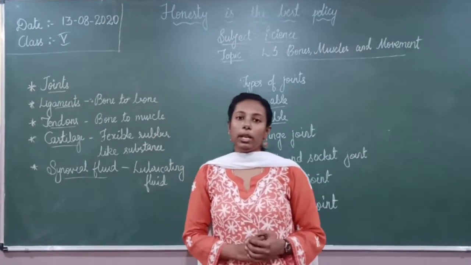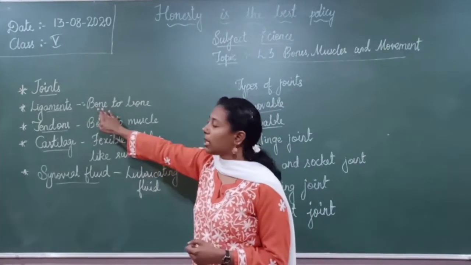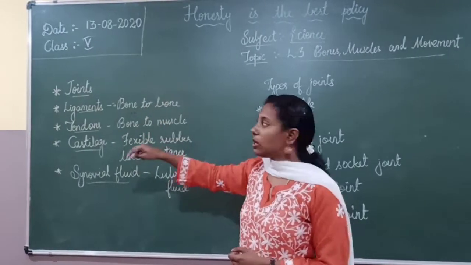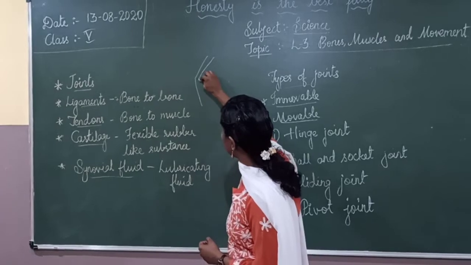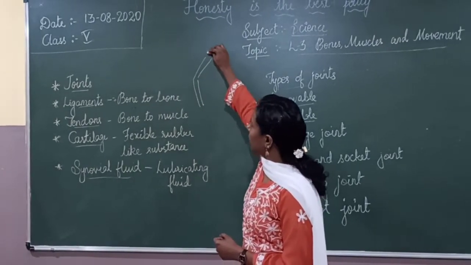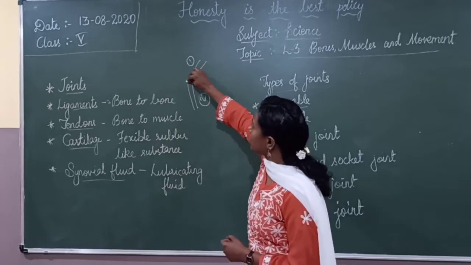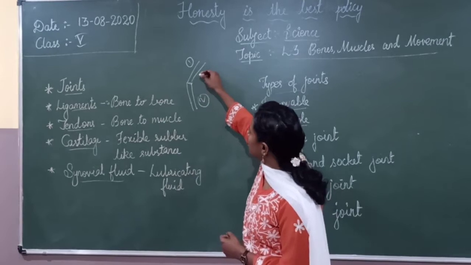Ligaments. Ligaments are the fibers which attach a bone to a bone. So for example, if this is one bone and this is another bone, this place has to be attached, right?